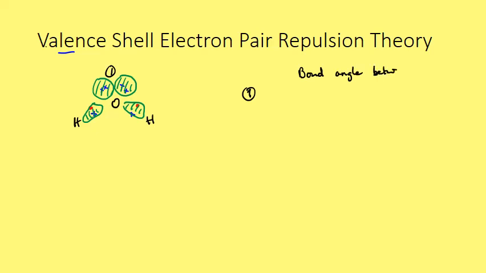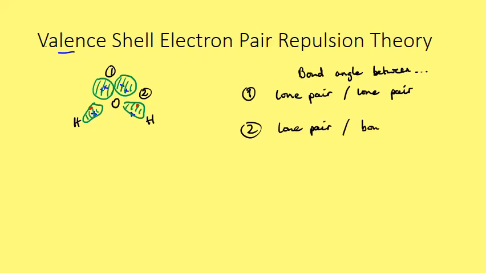Bond angle between a lone pair and a lone pair. Number 2, this bond angle here, is between the lone pair and the bonding pair. And this bond angle here, 3, is between 2 bonding pairs.